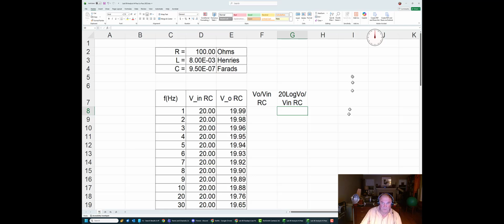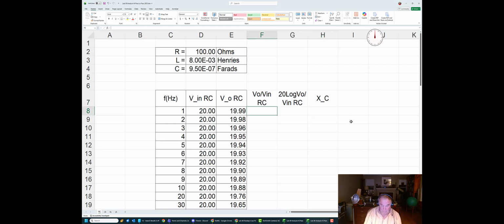Okay. And then also we want to put here: this circuit is how we measure the reactance of the capacitor. Okay. We've got to derive a formula for that.